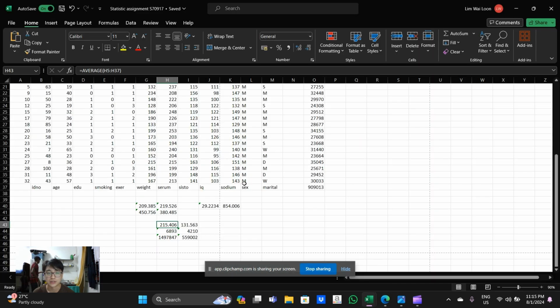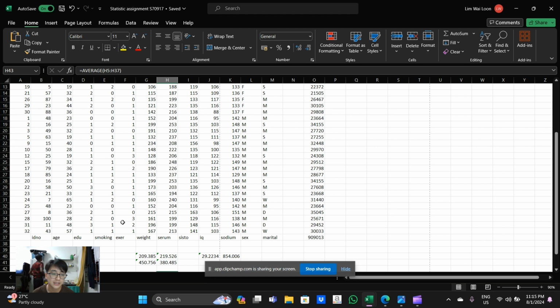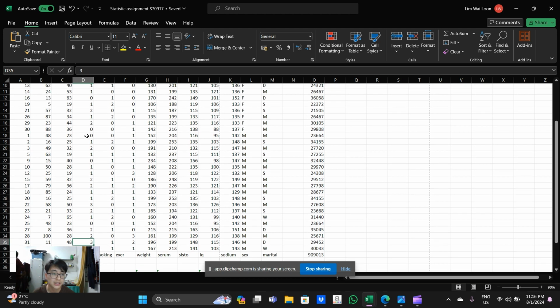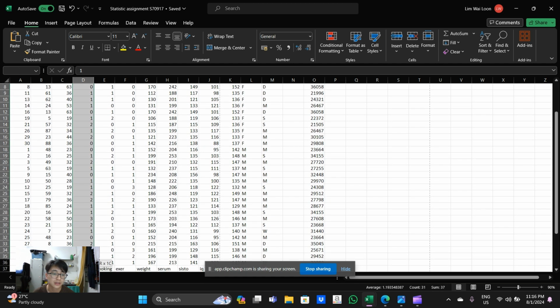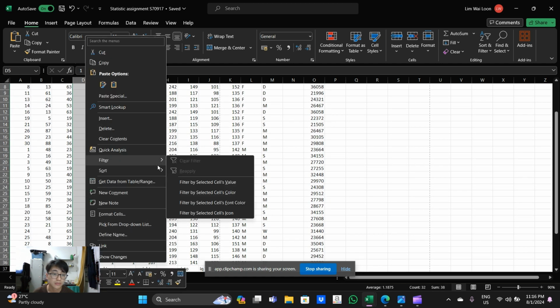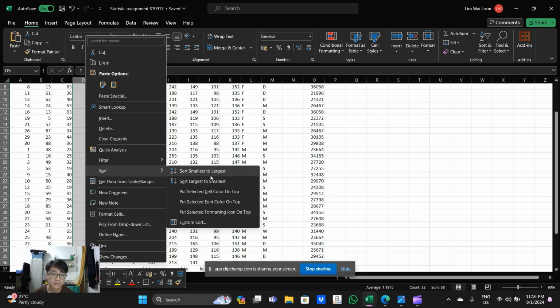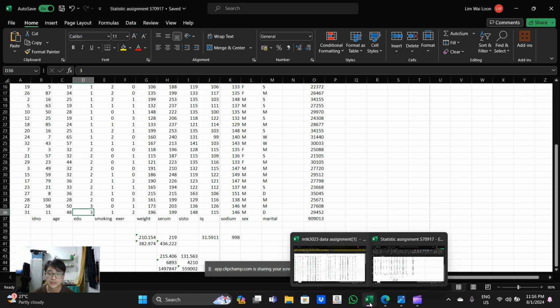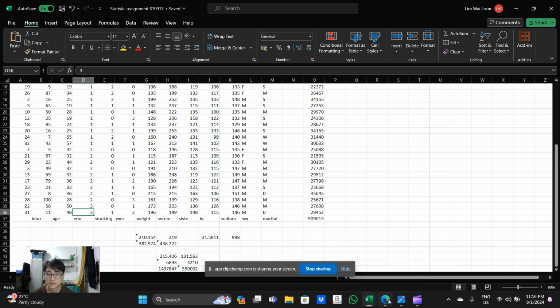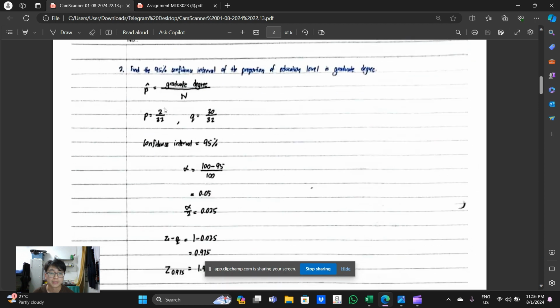So we went back to our data, and if we sort it out for a second, we can clearly see that there are two 3s. So we consider that P is 2 and Q is 1 minus P, so it has 30 divided by 32. Same thing, the confidence level equals 95%.